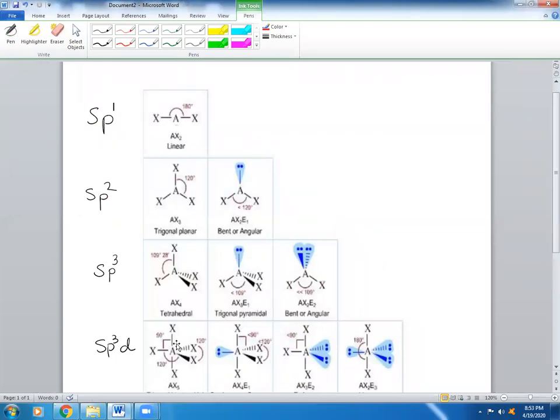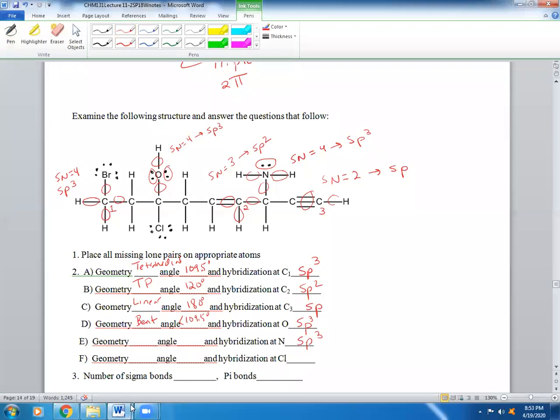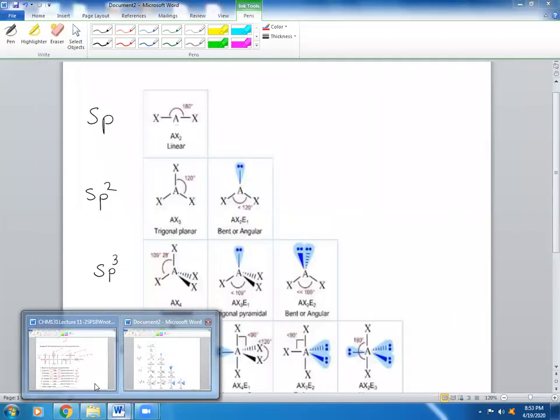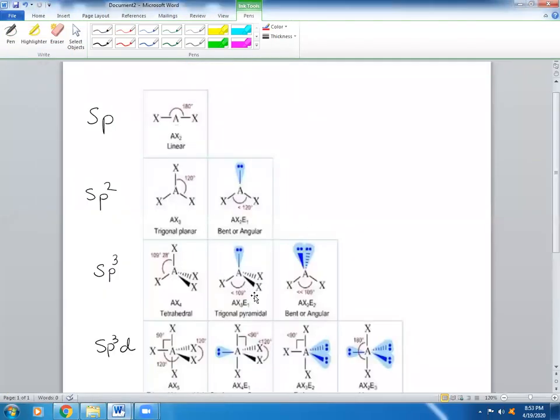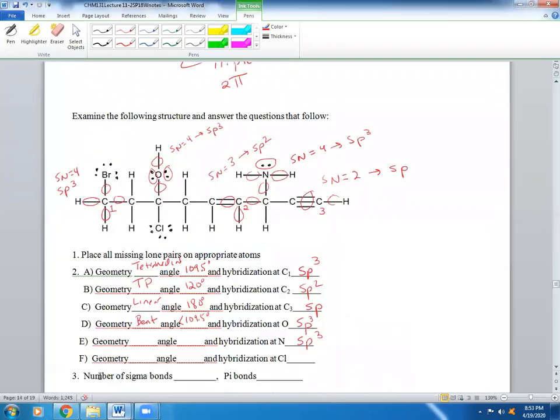We have 1 lone pair and 3 bonds. One lone pair and 3 bonds, so that's trigonal pyramidal. So I'm just going to call it trigonal pyramid. And the angle is less than 109.5.